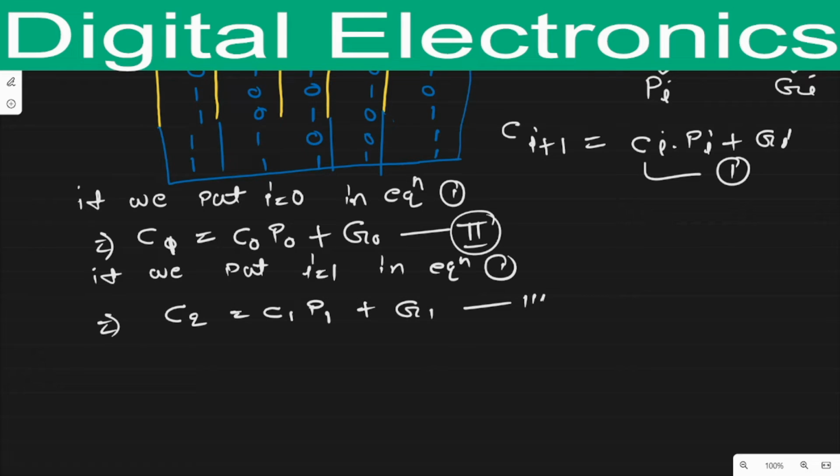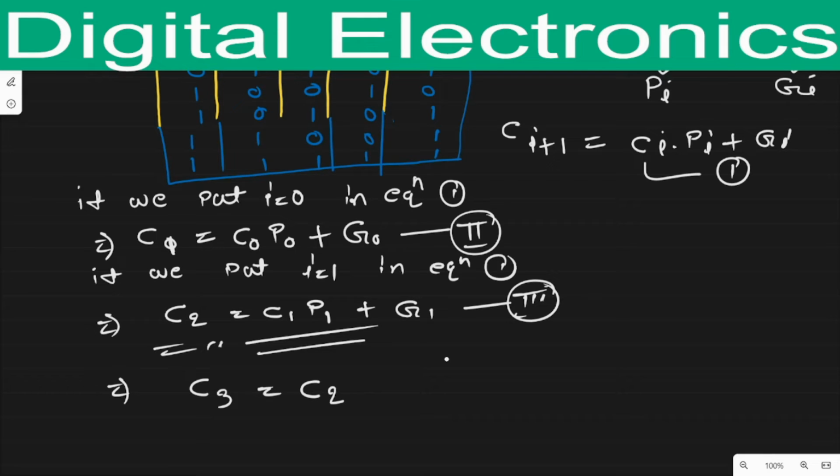This one is equation number 3. Same as for the third case, if we put i equals 2, we will get C3 equals C2 P2 plus G2.